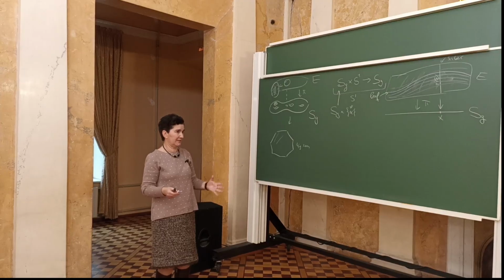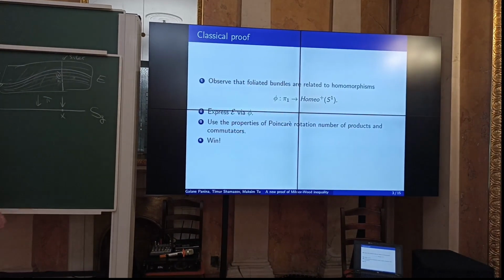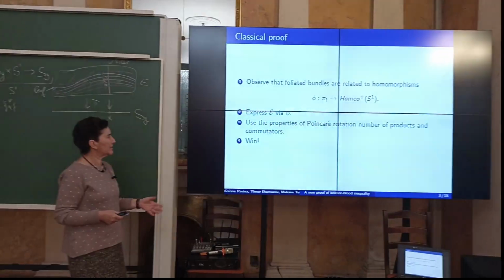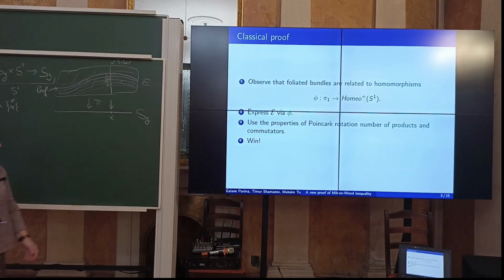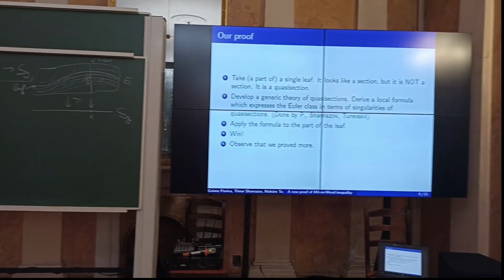So there is an expression, and one should then use some advanced properties of the Poincaré rotation number of products and commutators, and this leads to a proof of the Milnor-Wood inequality. This is something standard, and this is our proof.